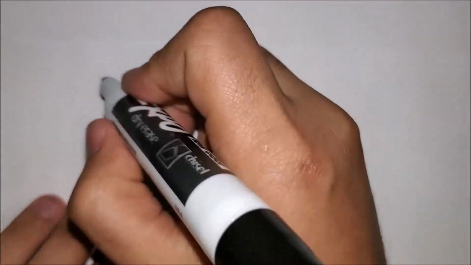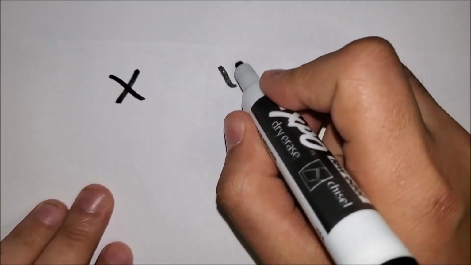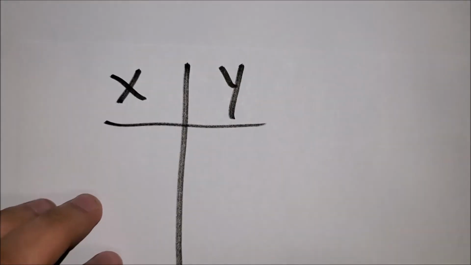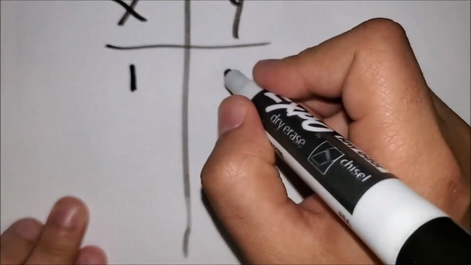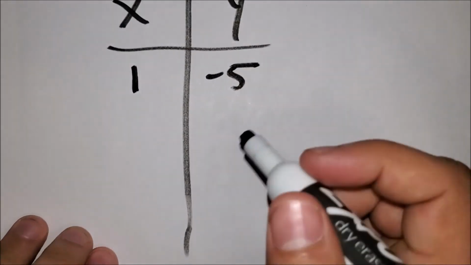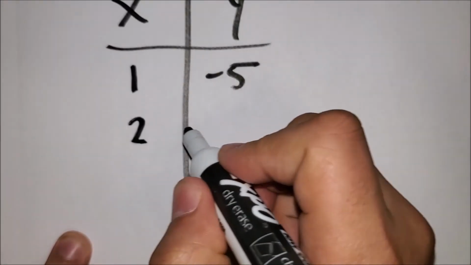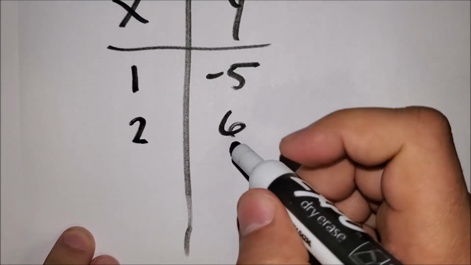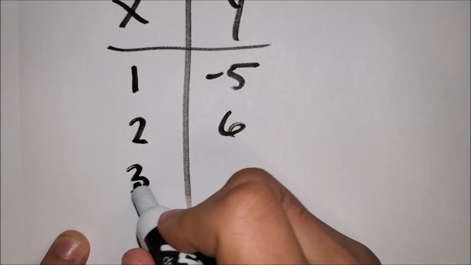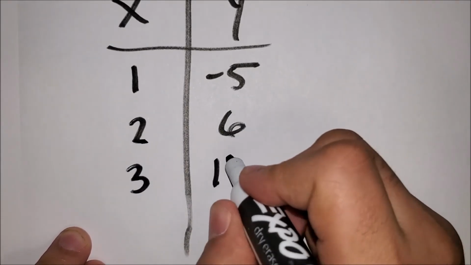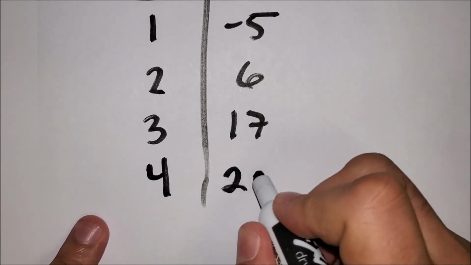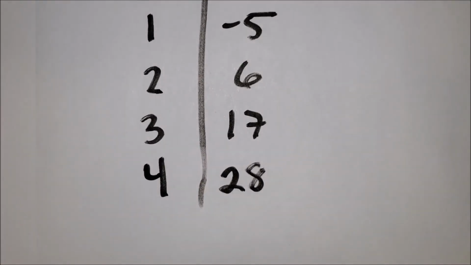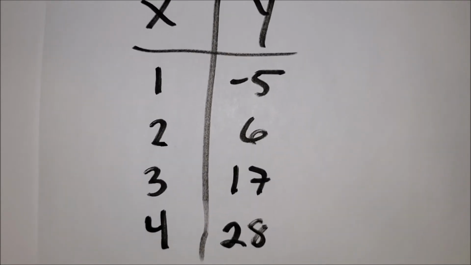We'll start with x and y. 1, -5, 2, 6, 3, 17, 4, 28. So let's suppose that this was our table.